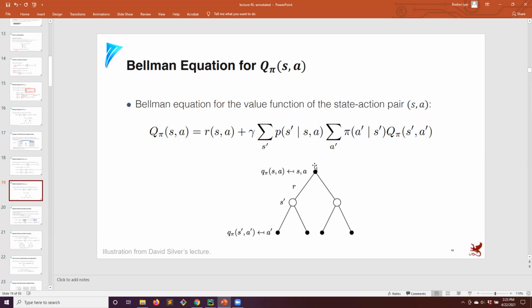That's why this is a black node. And then we obtain some reward from taking an action from that state, and then we go to the next state. And again, we can expand upon this whole tree and then go backwards to the root nodes until we compute the Qs for each of these higher order nodes.